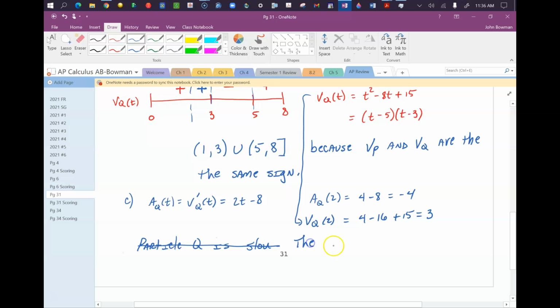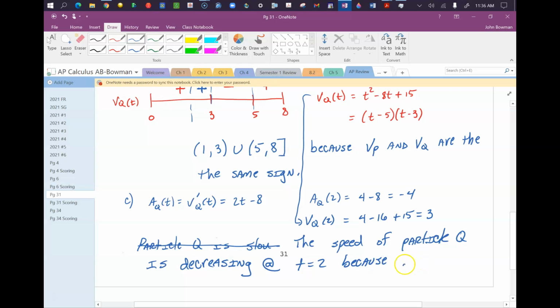The speed of particle Q is decreasing at t equal 2 because AQ of 2 and VQ of 2 have opposite signs.